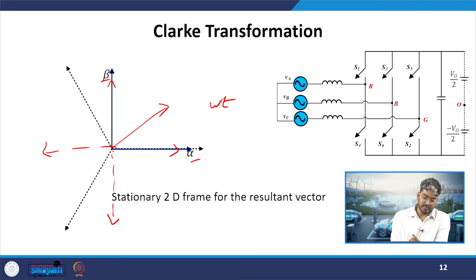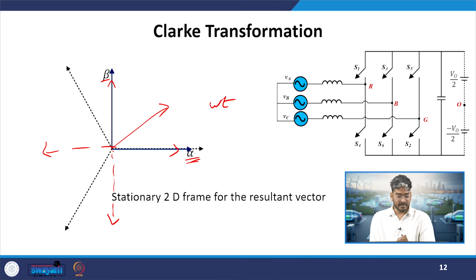When I have some variation in beta, it will not affect my alpha frame. When I have some variation in a parameter along the alpha frame, it will not affect beta. So whichever quantity it is, voltage or current, if I change the current or voltage along the alpha axis, it will not affect the beta axis. That's why we are interested in quadrature components.